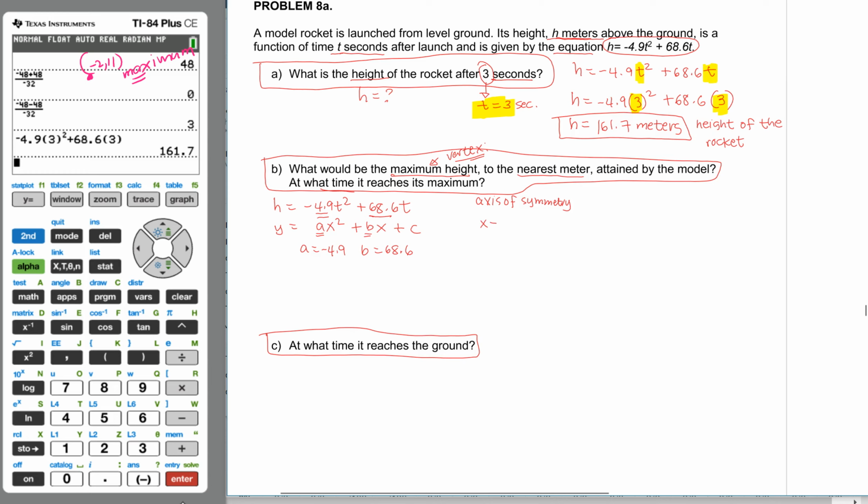The axis of symmetry is defined with the formula x equals negative b over 2a. This time, when you look at the equation, x is not used, it's t. So t is equal to negative b, which is 68.6, over 2 times a, which is negative 4.9.